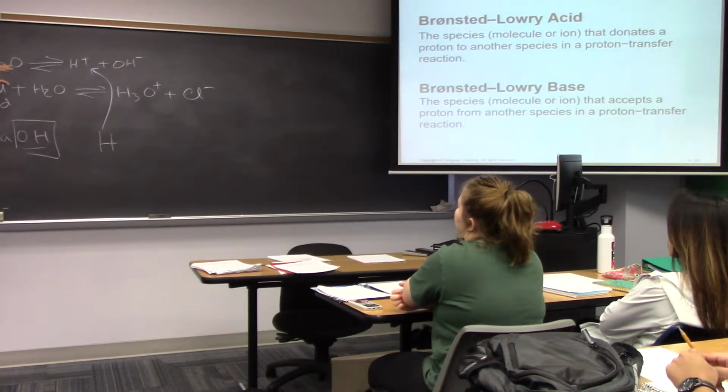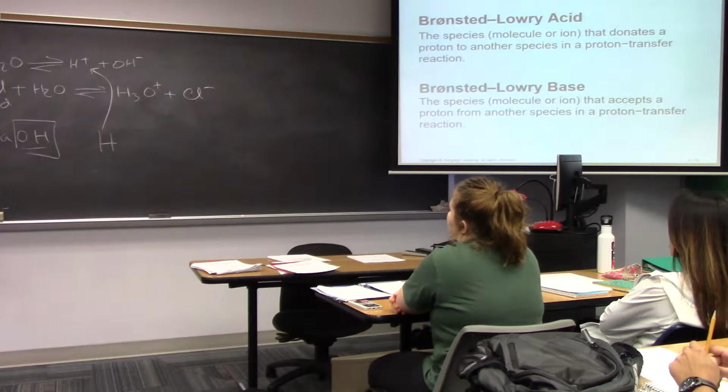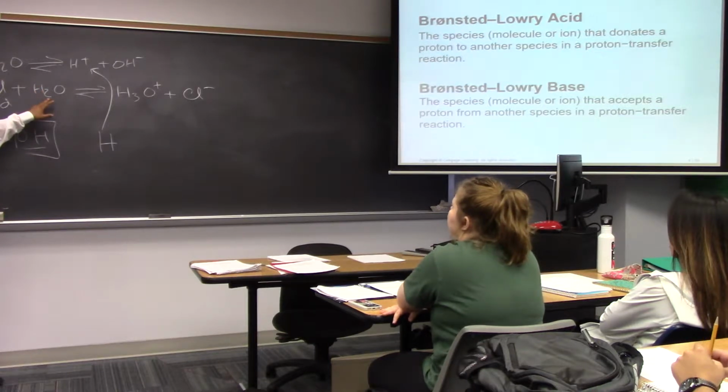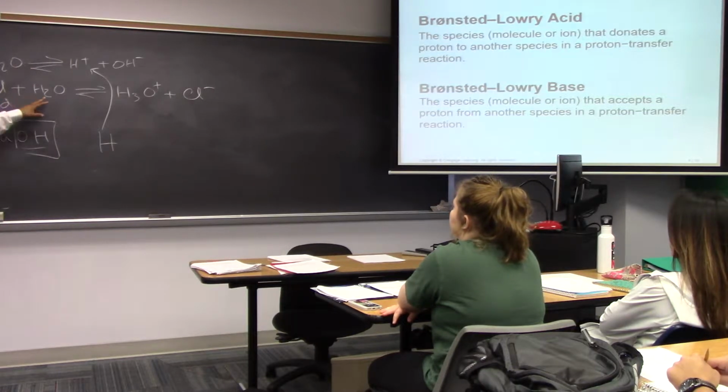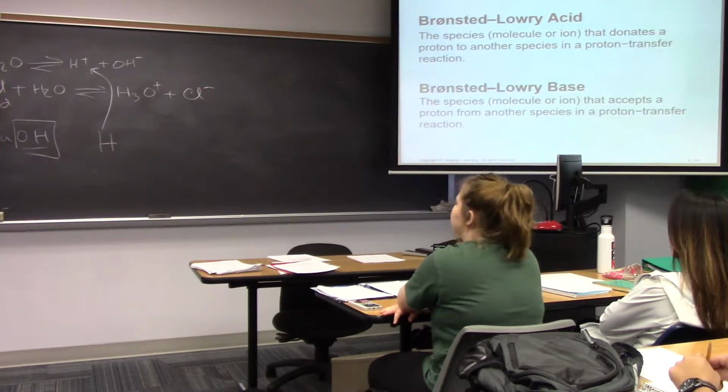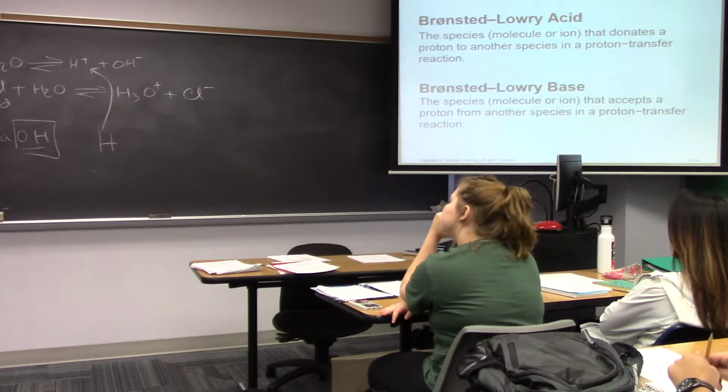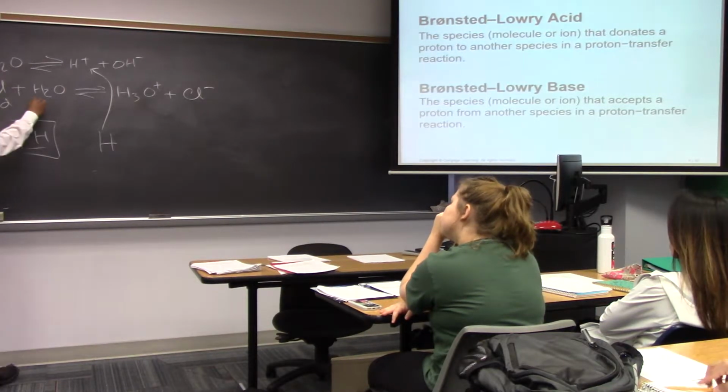Can you see any example here, any compound accepting H plus, accepting a proton? H3O is actually donating H plus. H2O is the one accepting H plus, the proton. This water is the one accepting a proton from this HCl. So this is called a base.